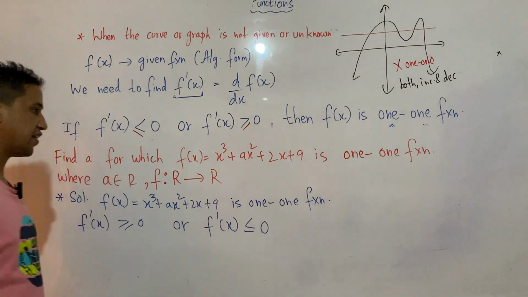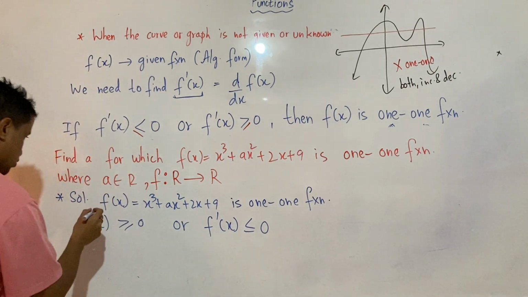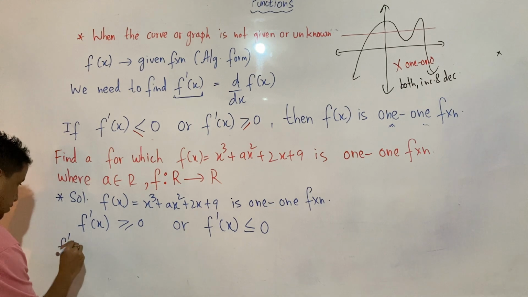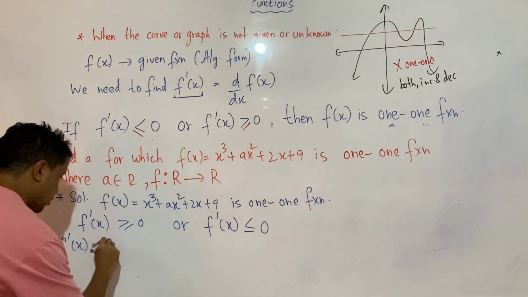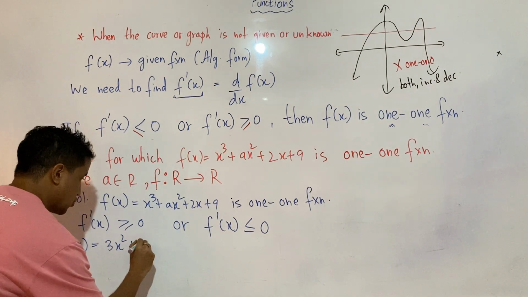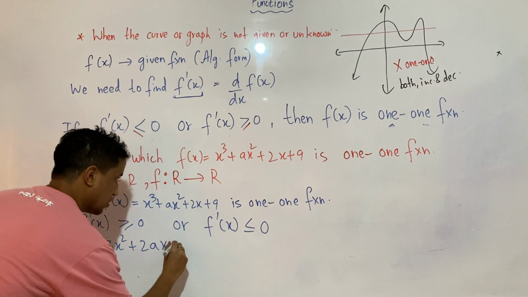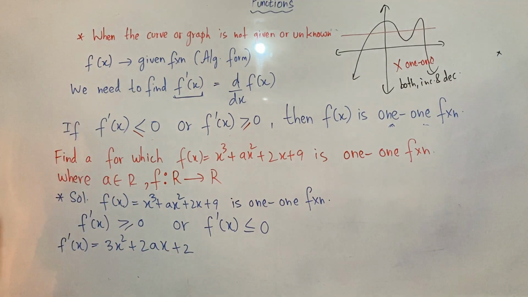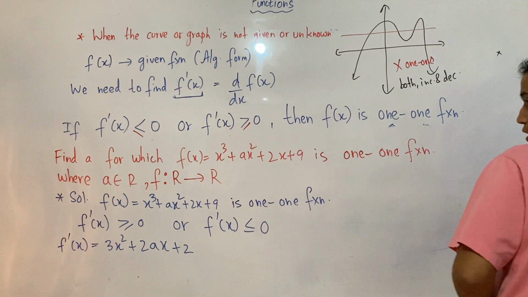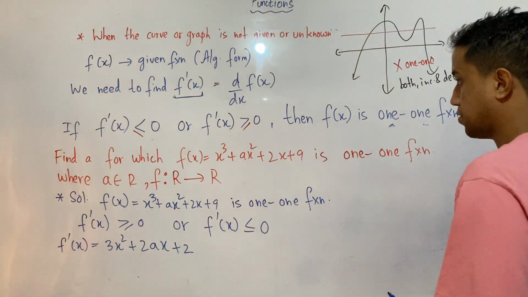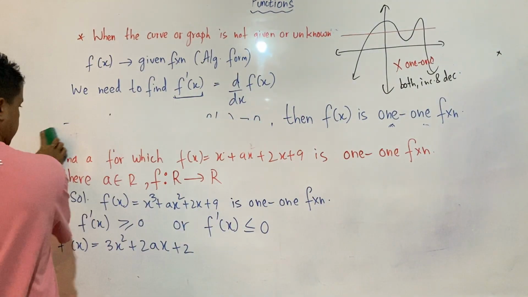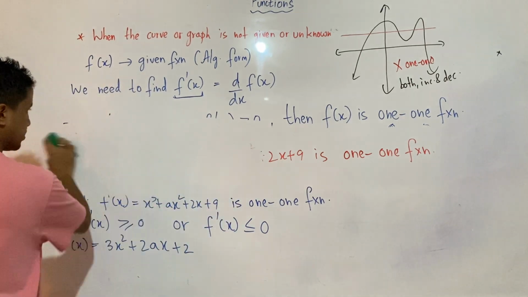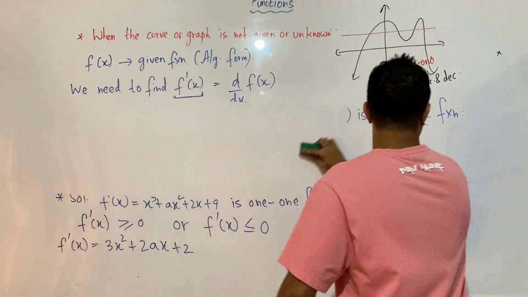Now if you take the derivative, f'(x) is going to be 3x^2 + 2ax + 2. Now, this is the derivative.